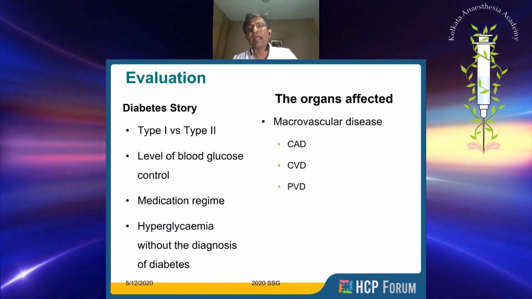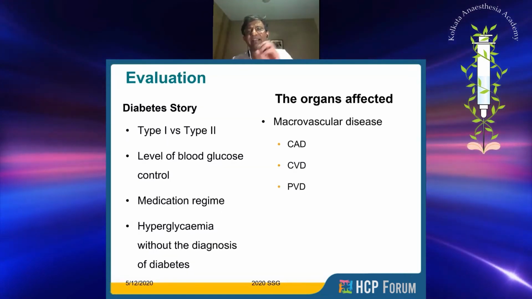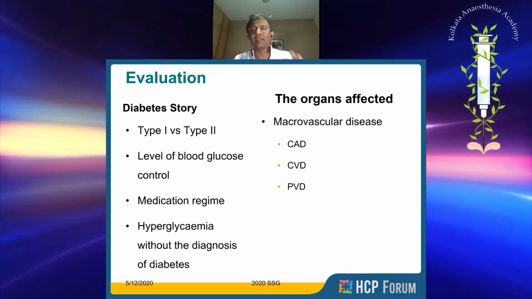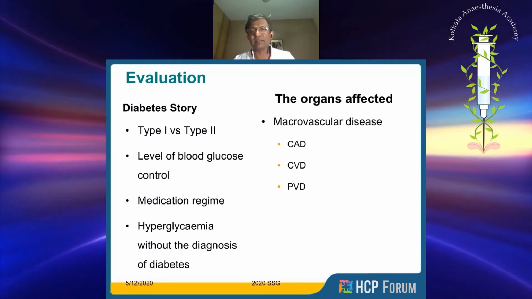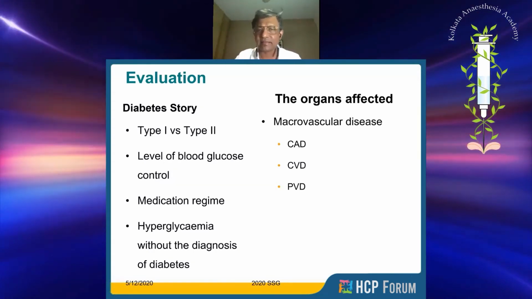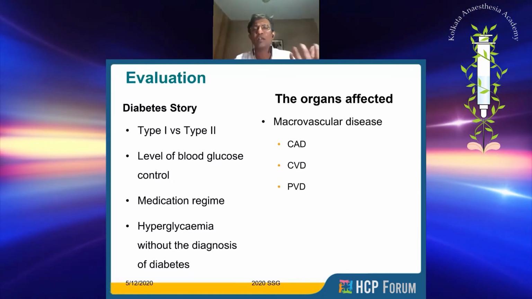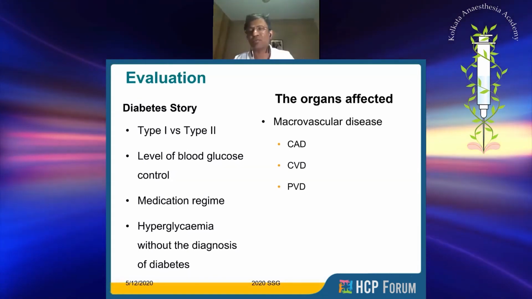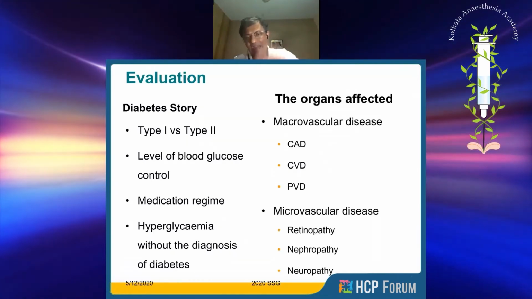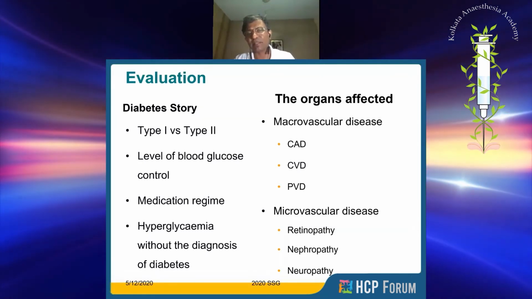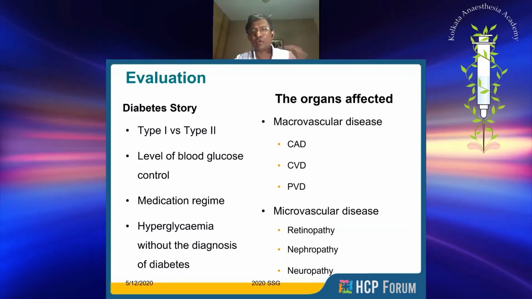Okay, and the organs affected, I find it easier to remember and classify this way: as the macrovascular disease problems like coronary artery disease, cerebrovascular disease, peripheral vascular disease, all related to atherosclerosis, and the microvascular disease, or small vessels, which cause retinopathy, nephropathy, neuropathy.